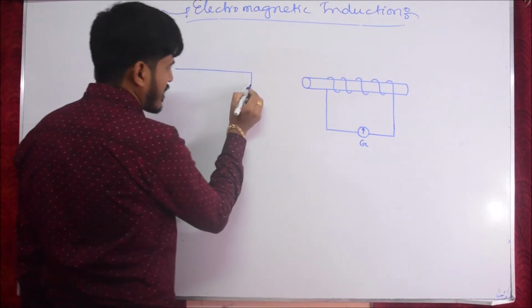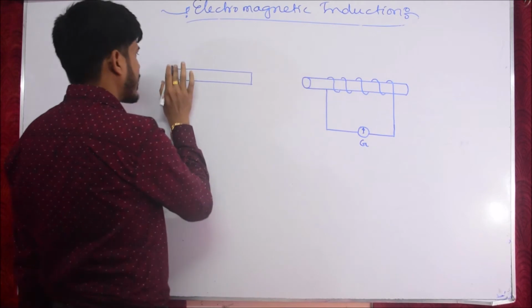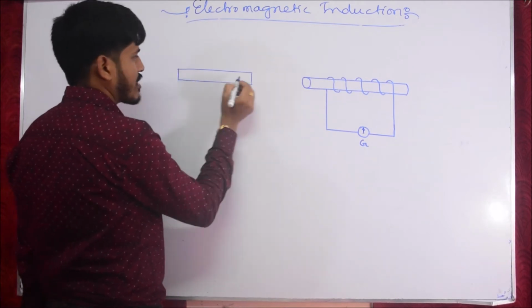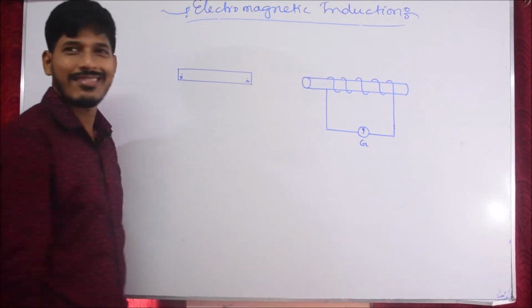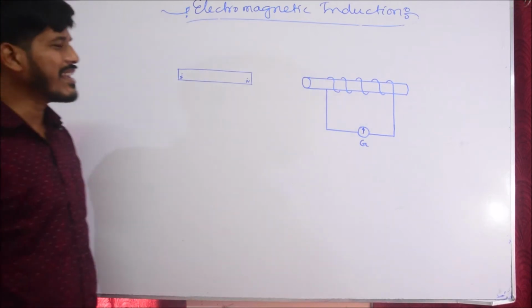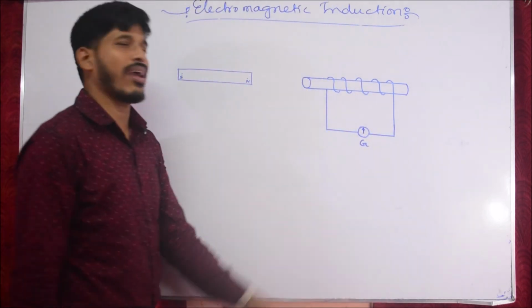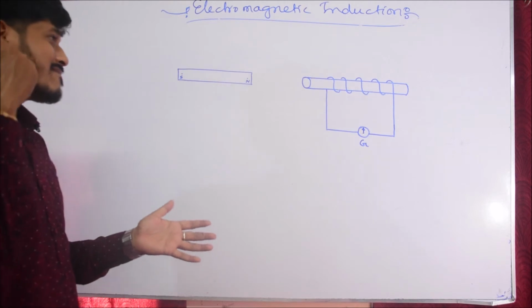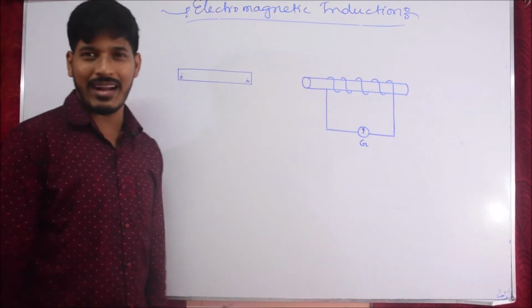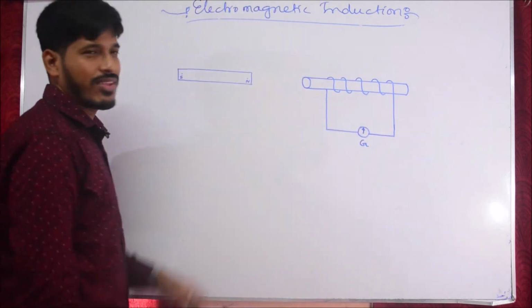Now, let us do one thing. Let us take a bar magnet. Suppose this is the north, this is the south. Let us bring a bar magnet close to the coil. That is, the coil is in the field of this magnet.